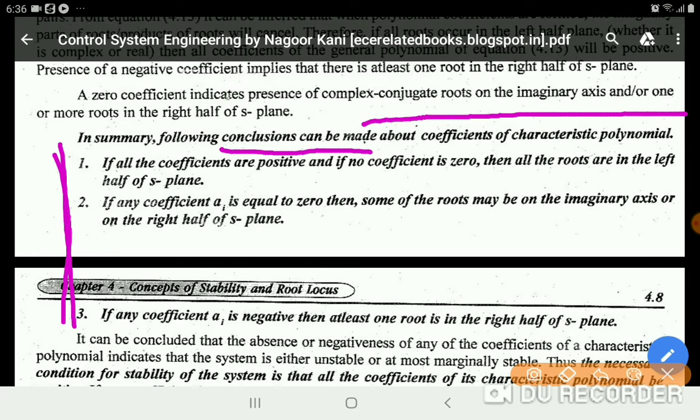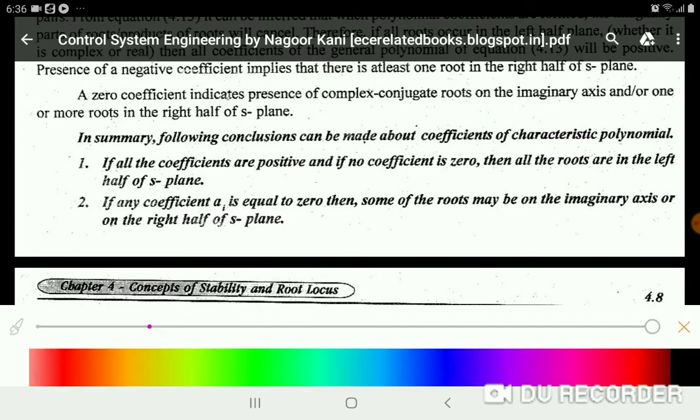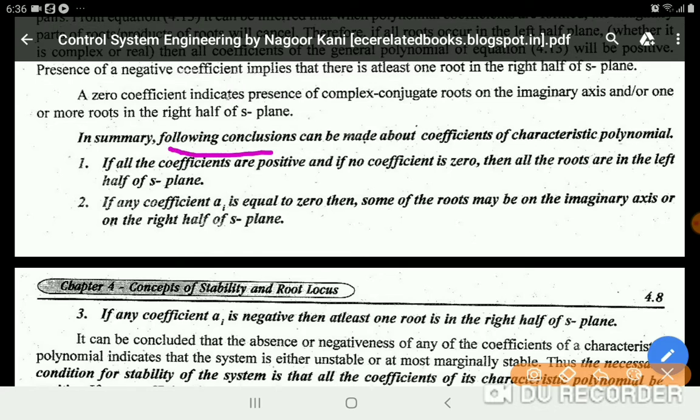First point, if all the coefficients are positive and no coefficient is 0, then all the roots are in the left half of the S plane. I will repeat again. If all the coefficients are positive and no coefficient is 0, then all the roots are on the left half of the S plane.